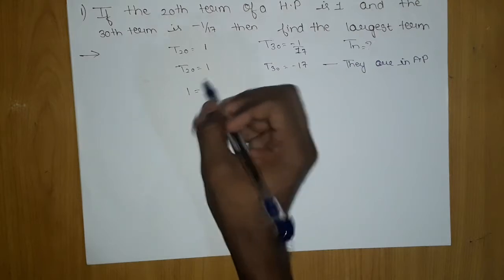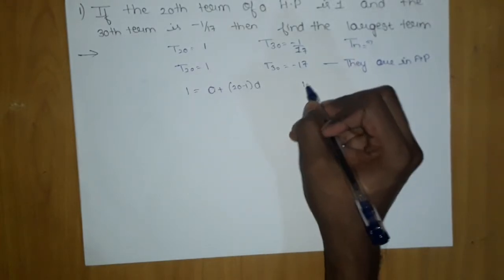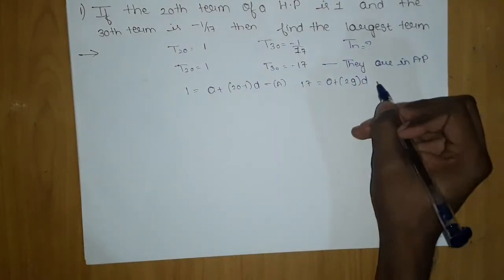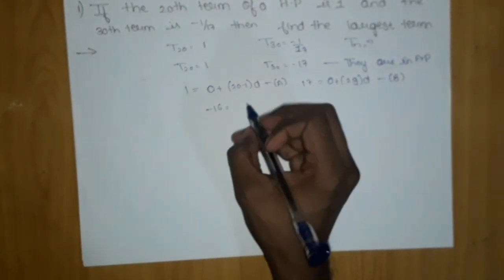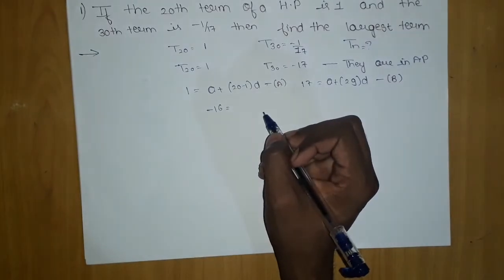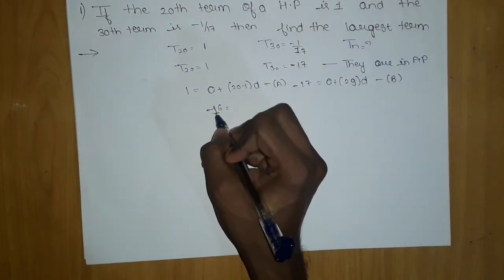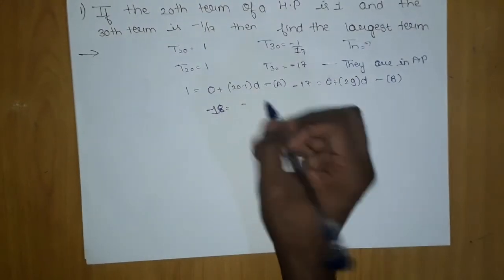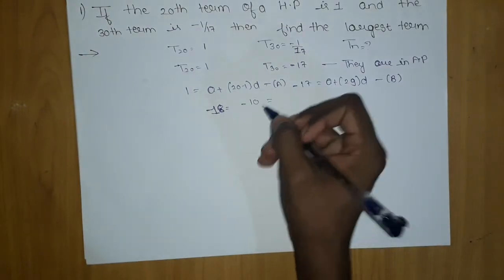Now 1 is equal to T20, which is A plus 20 minus 1 into D, and here you can write minus 17 is equal to A plus 29 into D. Let me take it as equation A and equation B. Now if I subtract this, I get 18 is equal to 19D minus 29D, which is minus 10D.